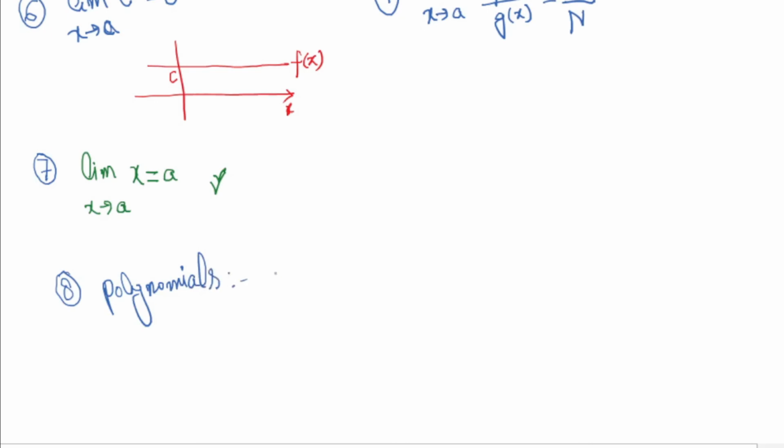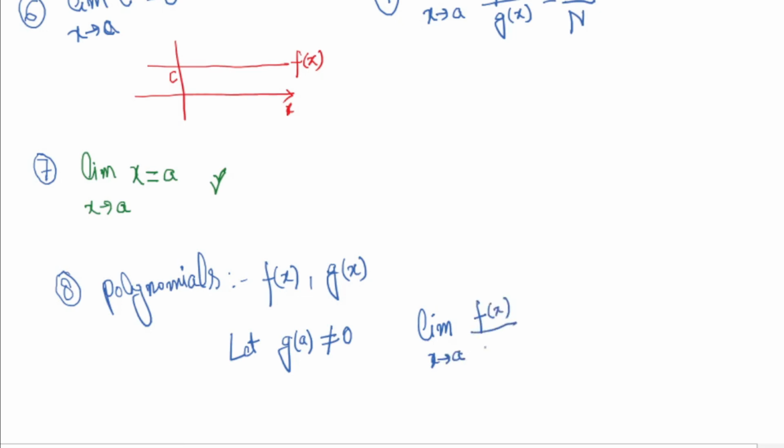If we have polynomials f(x) and g(x), this is the limit as x tends to a, and this is the division property, f(x) upon g(x).